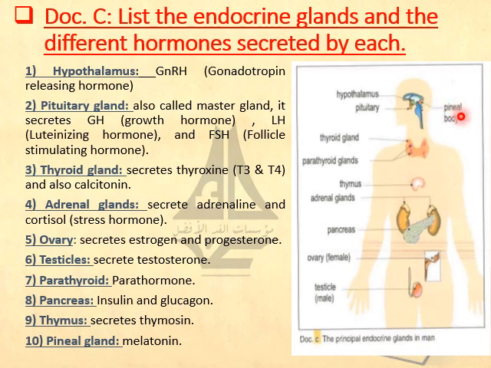The pineal gland secretes melatonin, and it gives an order for our body to sleep. So these are the endocrine glands that exist in our body, and we've discussed together the hormones and their importance concerning their function.